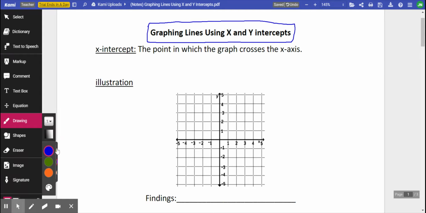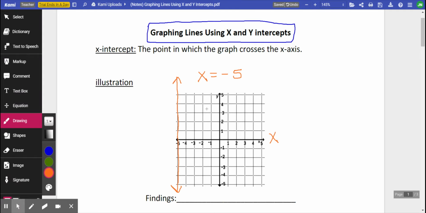Now, let's recap really quick about how we would graph a line if we have a line, for example, like this. So let's say we have a line x equals -5. Well, for us to graph it, what it says is it crosses the x-axis at the value of -5. So basically, my line would be crossing at -5 and it would never change. It's going to be going up and down, that way it can cross that x-axis.